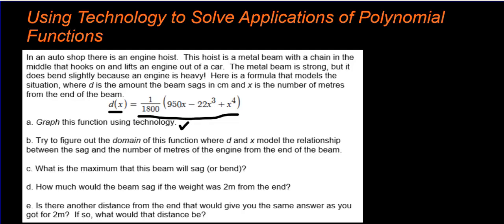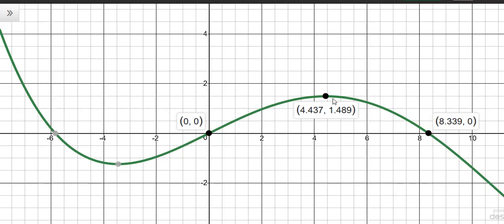And by the way, the amount that it sags is in centimeters, and the x value is the number of meters. It's a huge beam, obviously, in this case. I'm not even sure if this is realistic. Sometimes in math, the questions aren't totally realistic. I don't know if the beam would be that long for real. But anyway, we can see that the beam would sag about 1.5 centimeters.